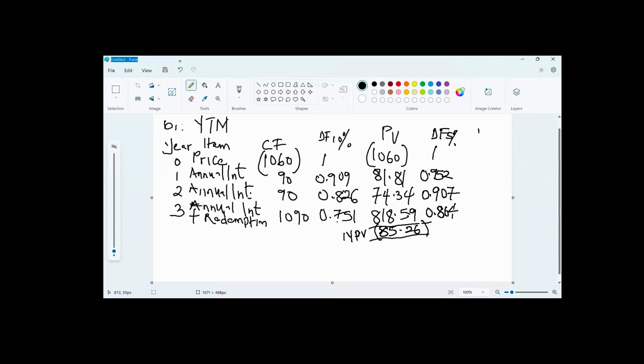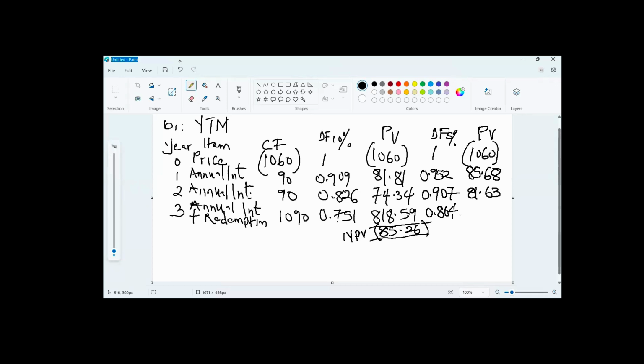Present value, second present value: 1 multiplied by 1060, negative 1060. 0.952 multiplied by the cash flow gives 85.68. Next, 81.63.